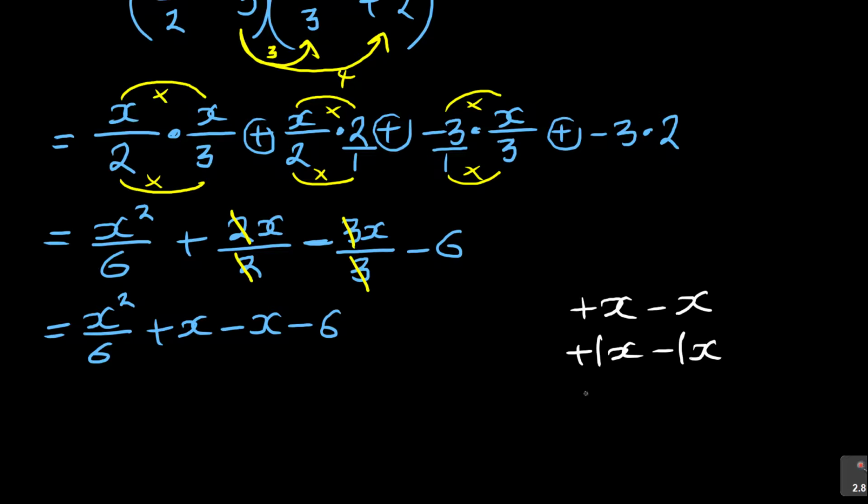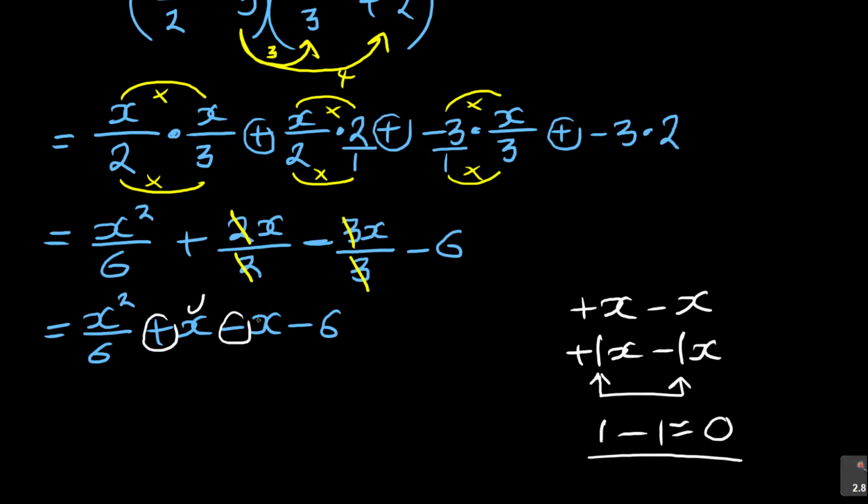Alright, so what am I having? I have got plus 1 minus 1. That's what you're focusing on. So in other ways, you're saying 1 minus 1. What is 1 minus 1? It's 0. I hope you're able to see that. If you see a positive, then there is x, and negative, then there is x. It means it's 0 there. Are you with me? So there it's simple 1 minus 1, which is 0.